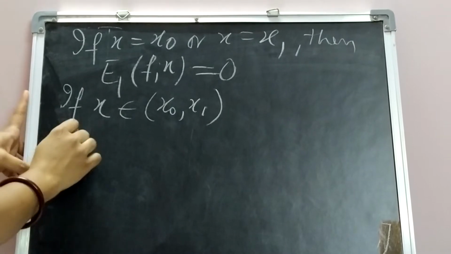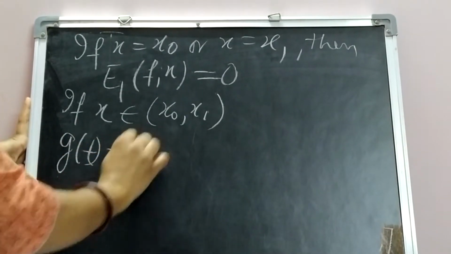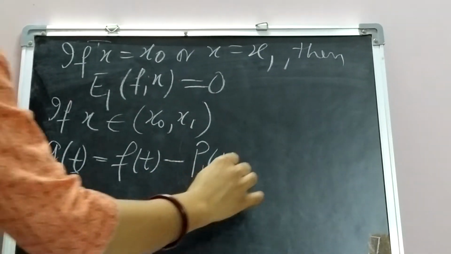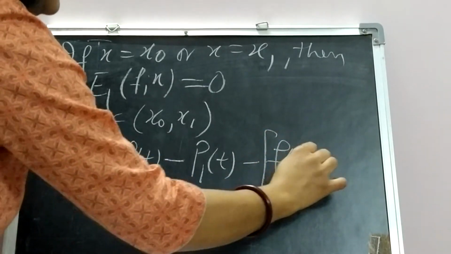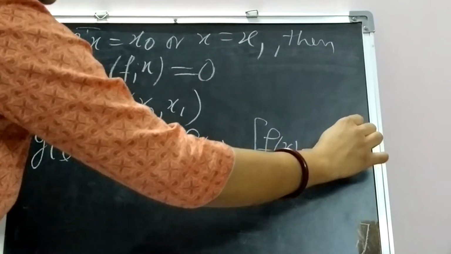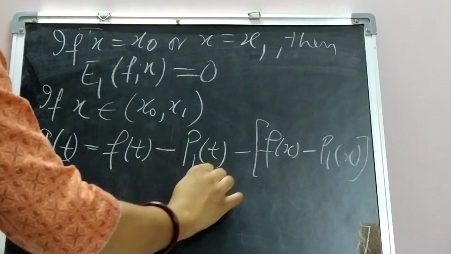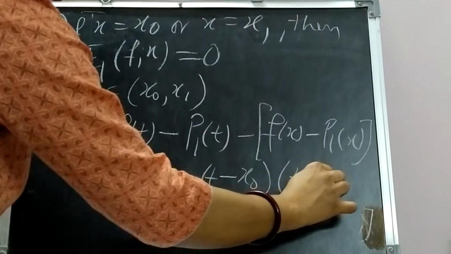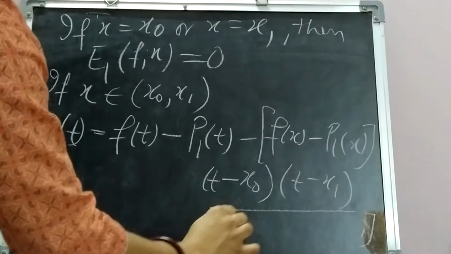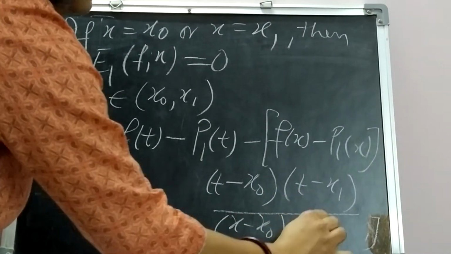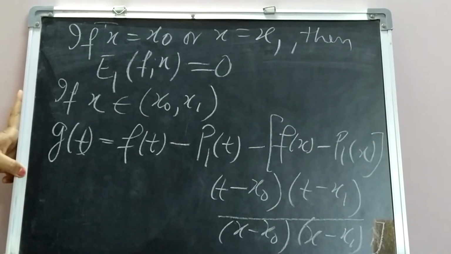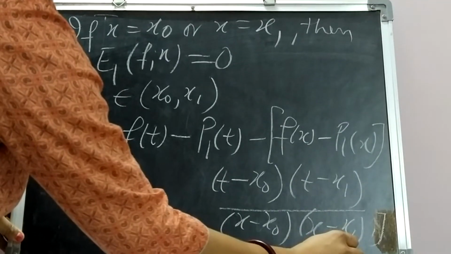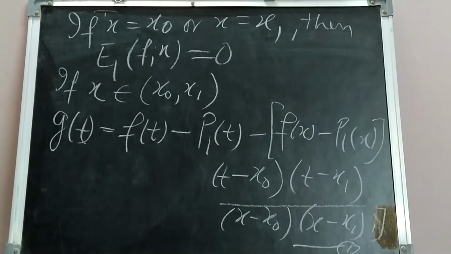The function we define is g(t) = f(t) - p1(t) - [f(x) - p1(x)] multiplied by (t - x0)(t - x1) divided by (x - x0)(x - x1). Let us name it equation number 1.